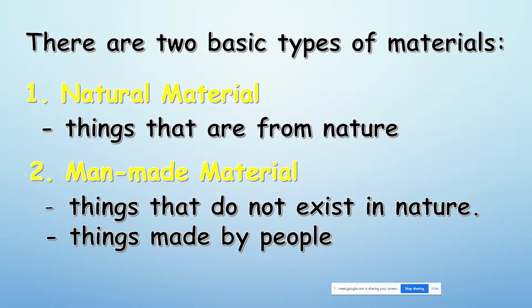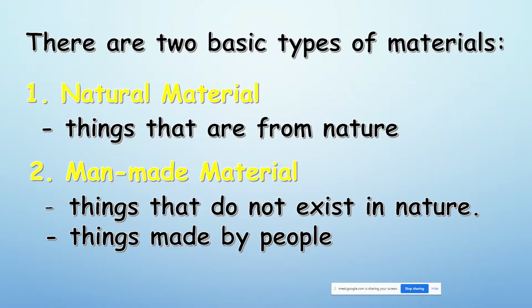For example, glass. Do you know what a glass is? Yes. The glass that you use for drinking. It's made of glass, and glass came from which material? What material was used in making glass?